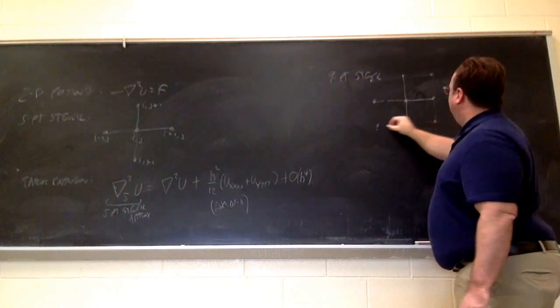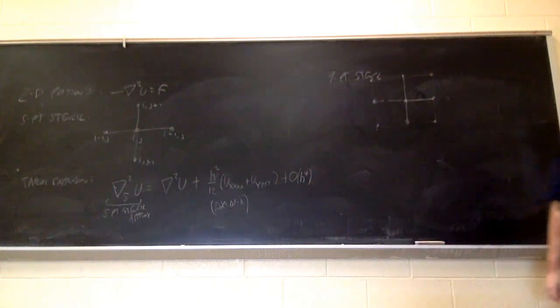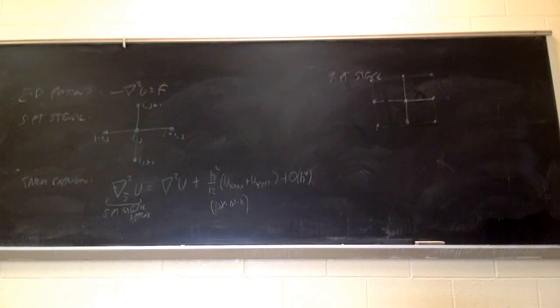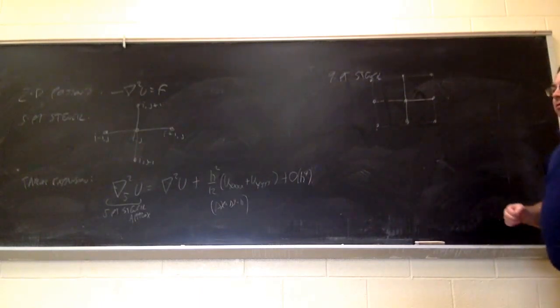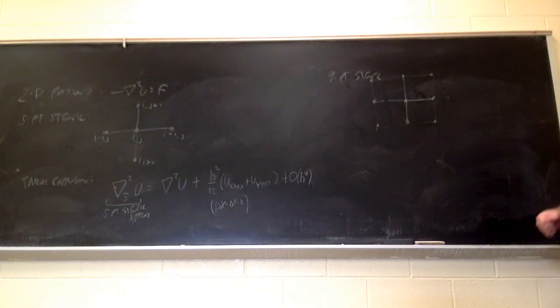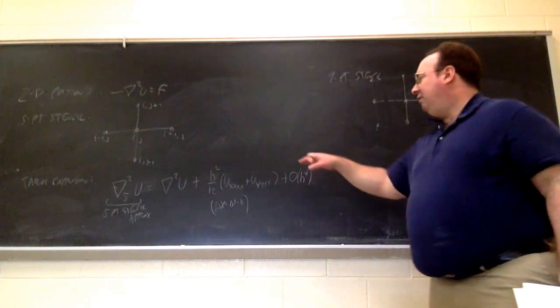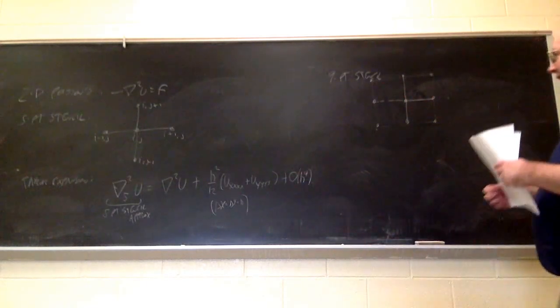This is, believe it or not, supposed to be square. So we use Taylor expansions of all these points: i minus 1 to i plus 1, j minus 1 and j plus 1, all 9 possible combinations of those. The idea is we use the Taylor expansions at these other points thrown in the mix to cancel out as many error terms as we can.